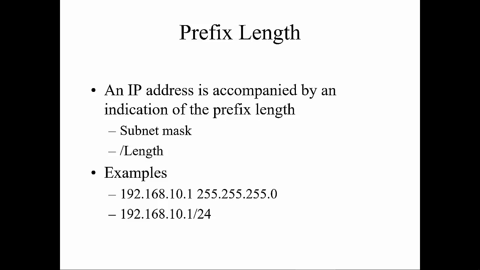That is 24 bits. So in reality, that /24 is just letting you know how many ones, or how many bits, are in that dotted decimal. Then you do the appropriate conversion, and you can figure out either the dotted decimal form or the slash notation, depending on which one you want to go with.